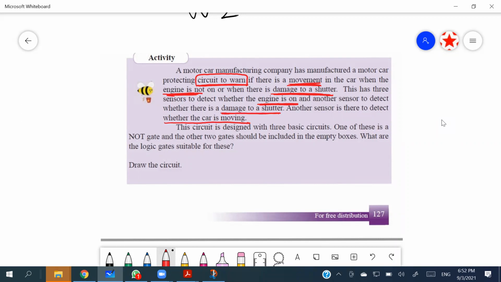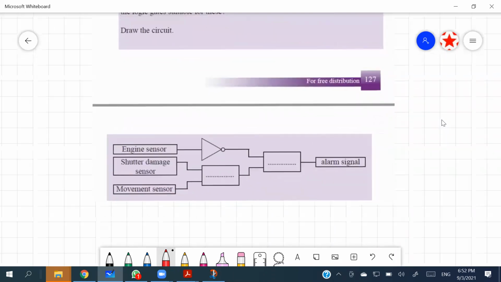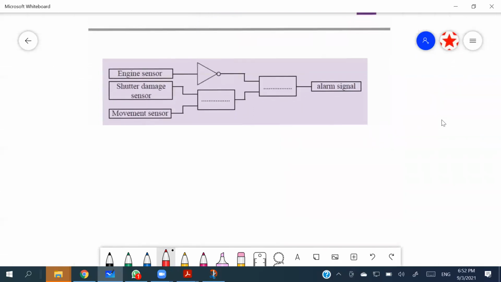So the sensors will sense whether the engine is on, whether there is a damage to a shutter, and whether the car is moving, right?